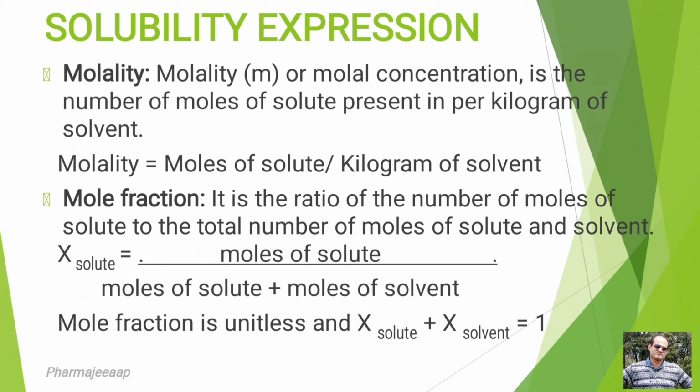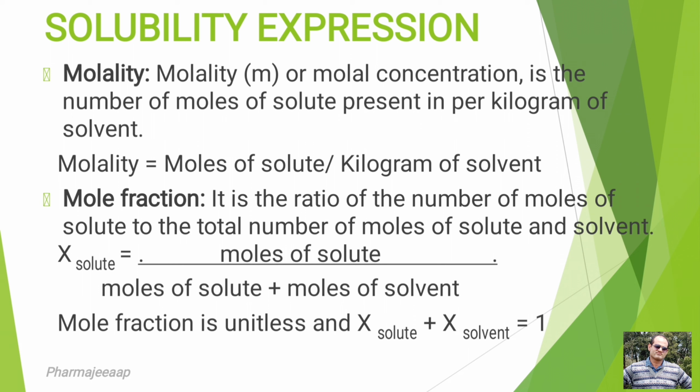This is the difference between molality and molarity: in molarity we take 1 liter of solution, whereas in molality we take a kilogram of solvent. So molality is equal to moles of solute per kilogram of solvent.